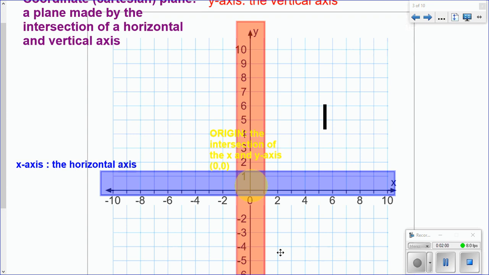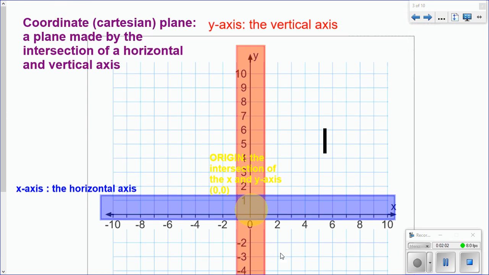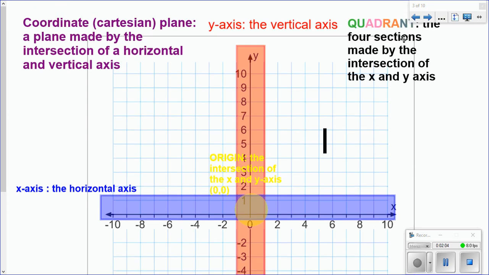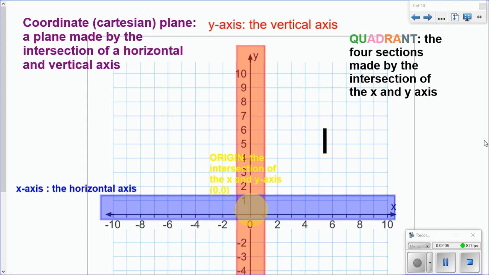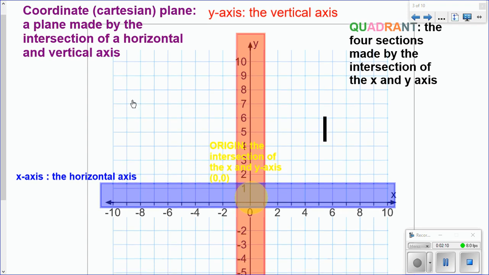Now, a quadrant is the 4 sections made by the intersection of the x and y axis. So if you see there's 4 parts, 1, 2, 3, 4. This first one is the first quadrant. That's why there's that 1 there. So that is your 2nd blank.